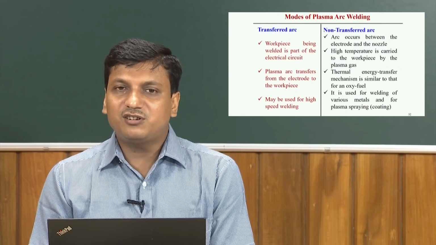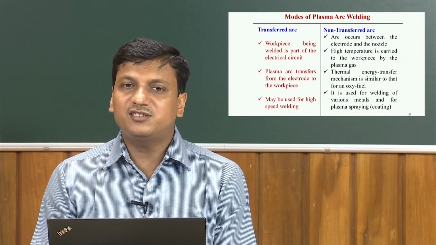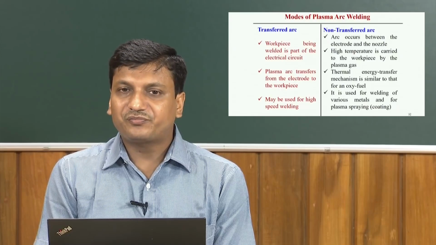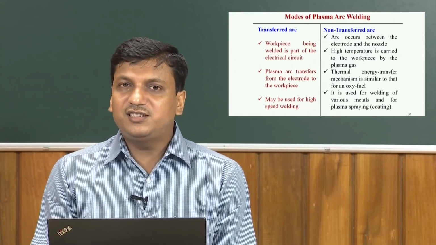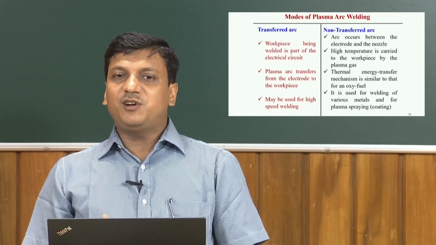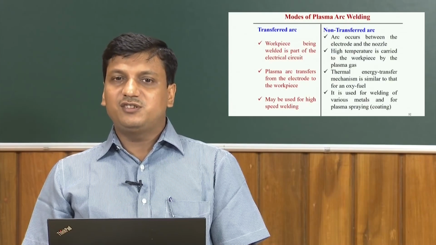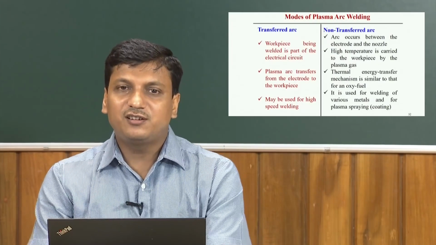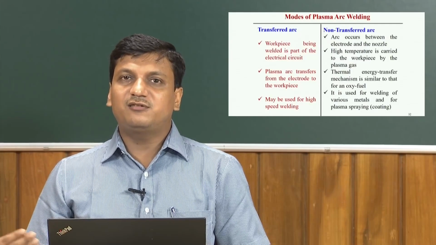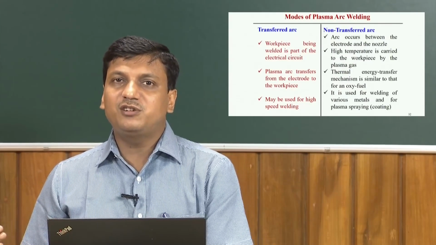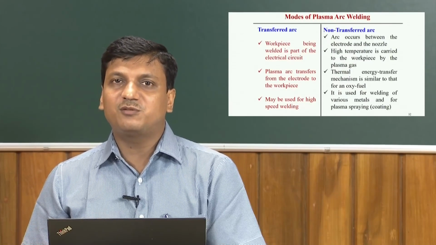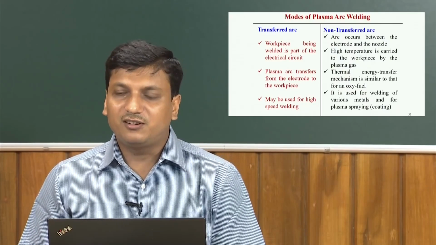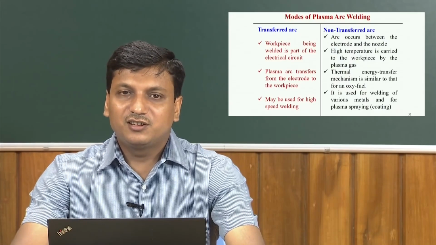So, in this non-transferred arc, high temperature is carried to the workpiece by the plasma gas, and in this case the thermal energy transfer mechanism is almost similar to the oxy-fuel welding process, in the way it generates the heat.